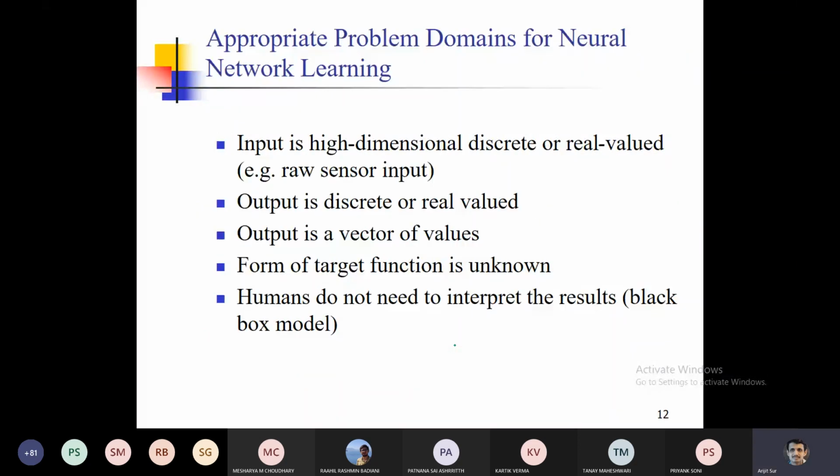Appropriate problem domains for neural network learning: the input is high dimensional, discrete or real valued. The feature space is high dimensional, meaning it is d-dimensional, and this d may be high.